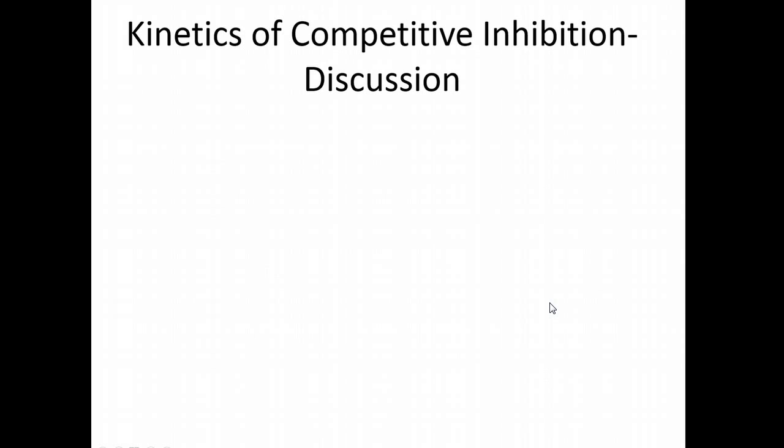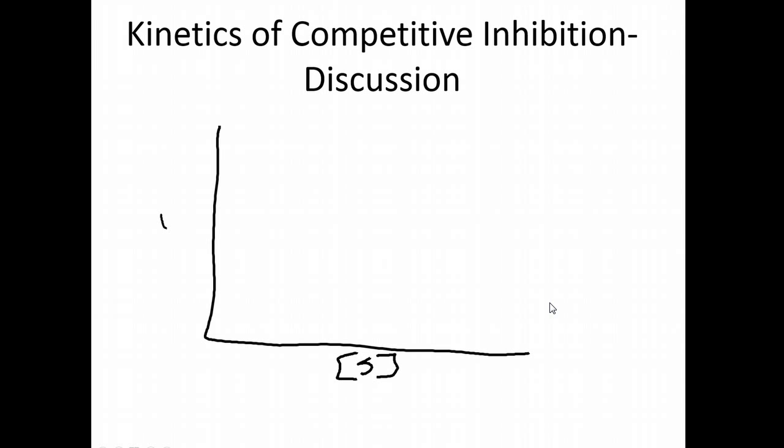Okay, let's go back to drawing the guy on the loading dock. And we're going to put substrate and velocity. And here's what we got the Wednesday. Now, let's add a competitive inhibitor.